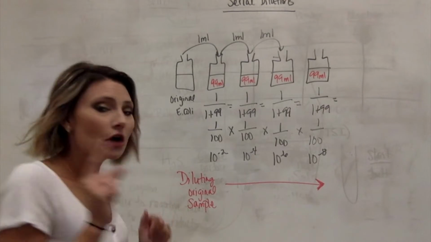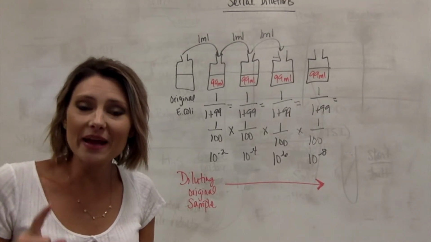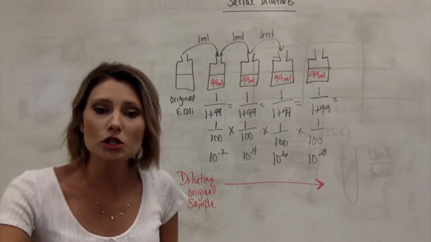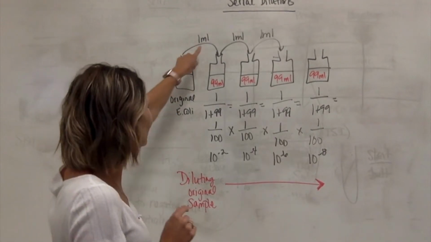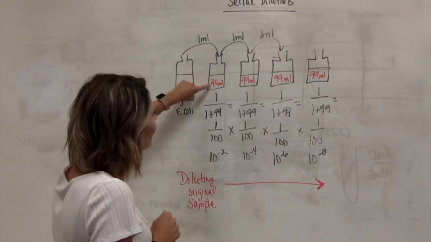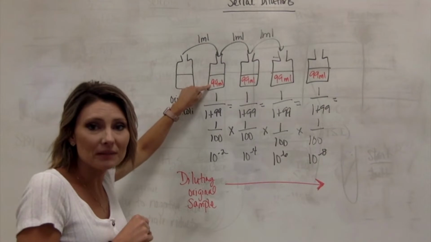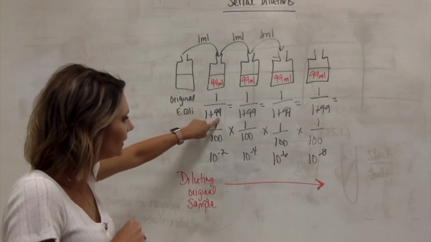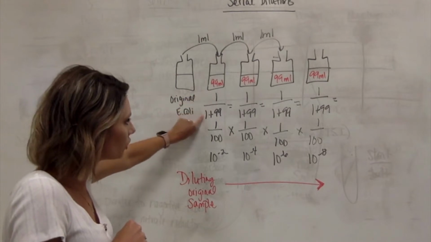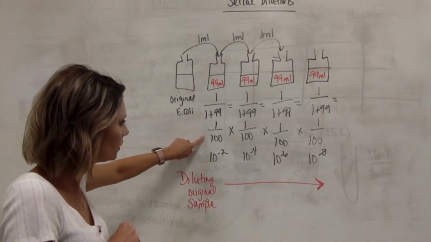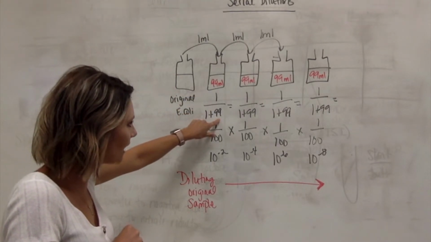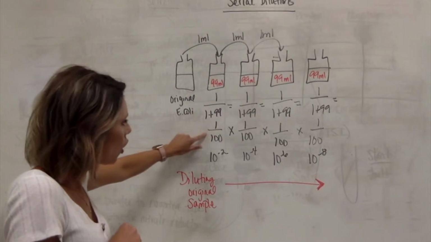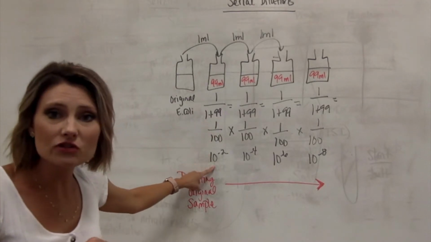Okay. So the first step is going to be pipetting from my original sample. So I'm going to pipette 1 ml into my 99 ml blank. So 1 into 99, so 1 over 100, because I pipetted 1 into my 99, so now I have 100 in there. 1 over 100 is 10 to the negative 2.